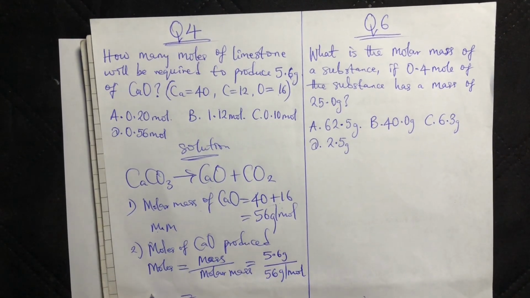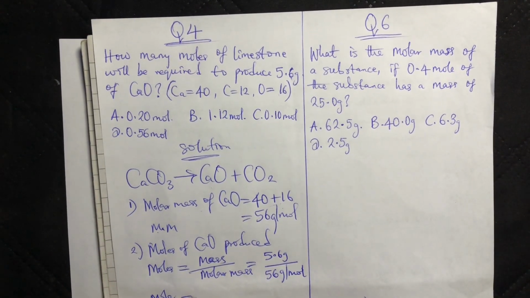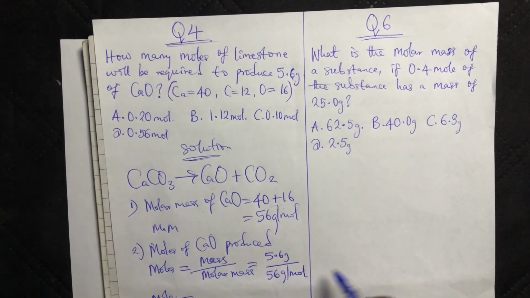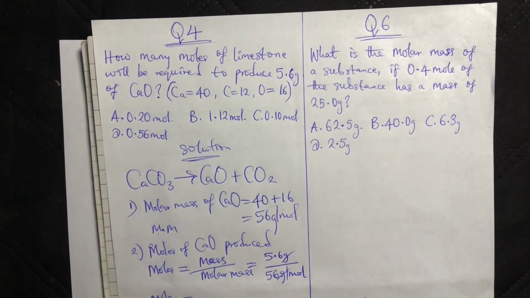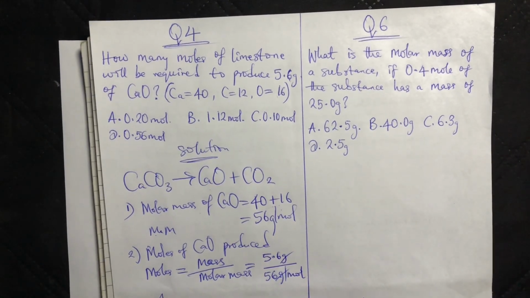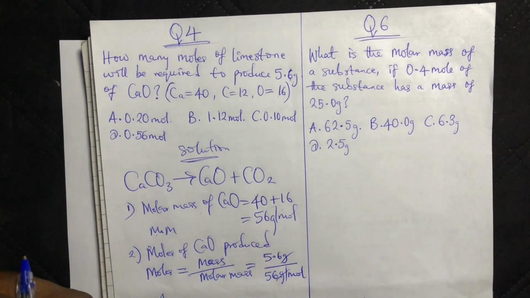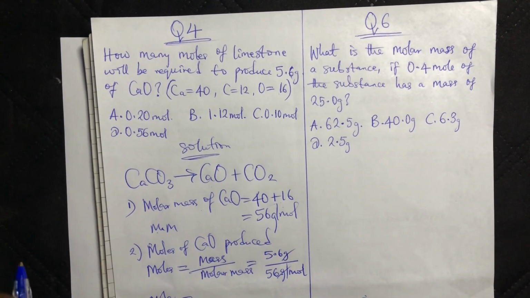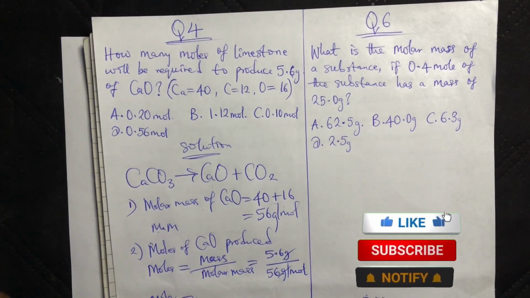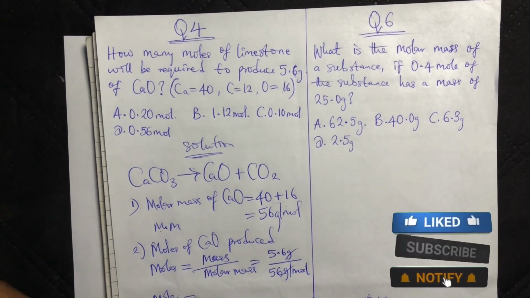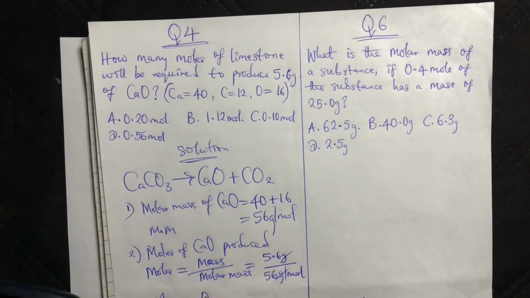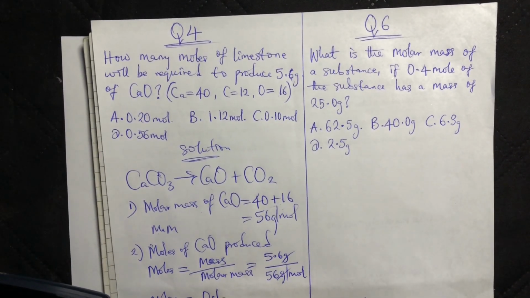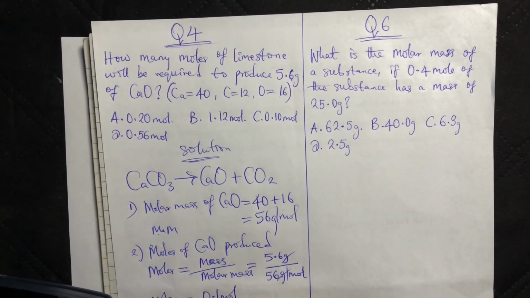Now to get our mole, you are going to cancel out gram, right? So our mole is what? You can calculate the 5.6 over 56 is going to be 0.1, right? So you write 0.1 mole.